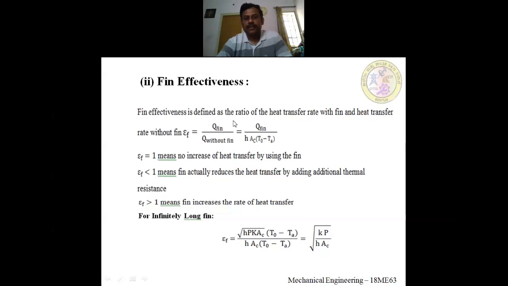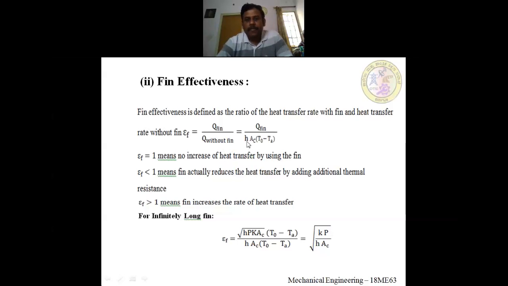Fin effectiveness is given by the ratio of the actual rate of heat transfer with fin to the heat transfer rate without fin. So that will be Q fin divided by Q without fin.